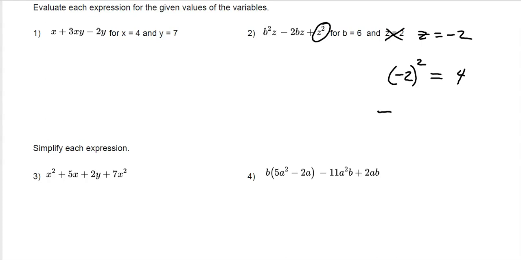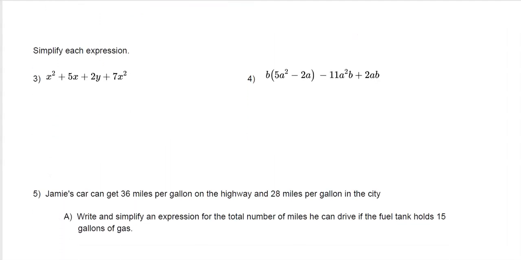If you just jam it together and do negative 2 squared, it's going to tell you that the answer is negative 4. Because technically you're supposed to do this squared part first, which is 4, and then you just bring the negative sign down. So you do get different answers. That's why I like to get in the habit of putting my numbers inside parentheses, just so I don't screw it up later.